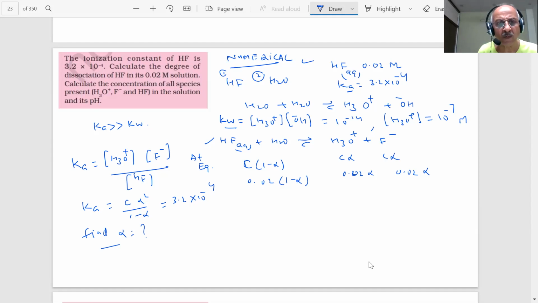If alpha is very small, then I may take 1 minus alpha equal to 1. It depends. Otherwise, it will become a quadratic equation, student.